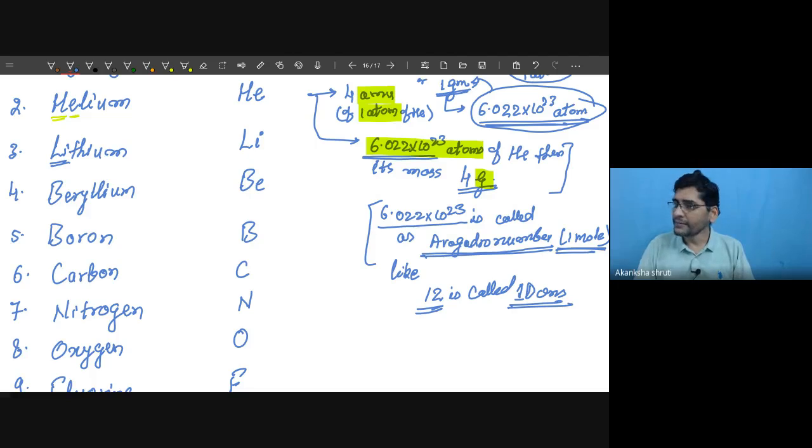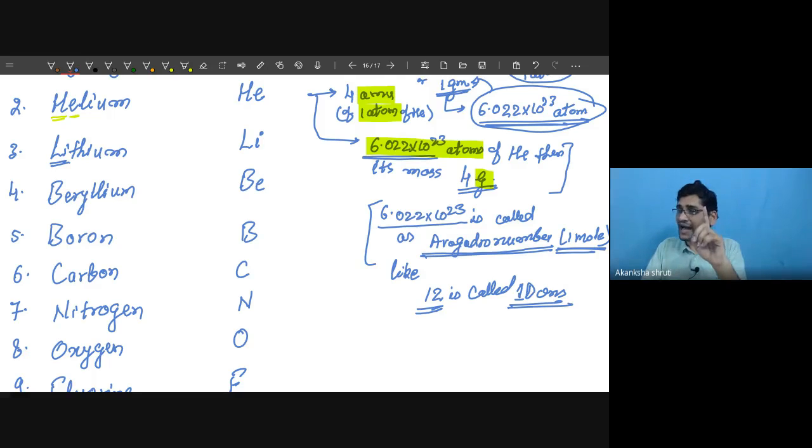Are you getting? For getting a deflection of 1 gram on a measuring device, you need to put 6.022 into 10 to the power 23 atoms on the other side of the balance. So that will deflect in gram.